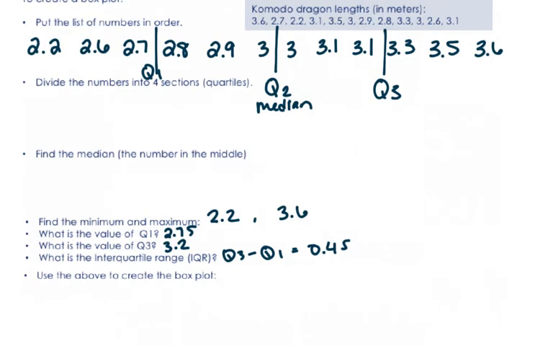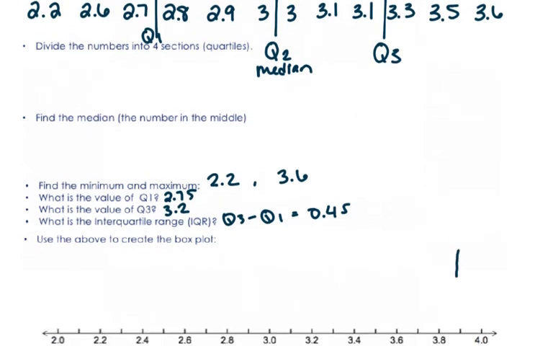Right, and then we're going to use that to create a box and whiskers plot. If you don't remember, here's how you do it. Your Q1 you're going to plot at 2.75, so let's say about right here. And then you're going to plot your Q2, and then your Q3, which was 3.2, and that's your box.